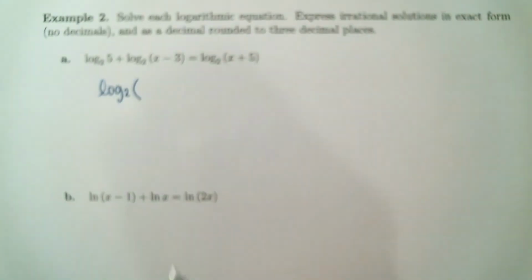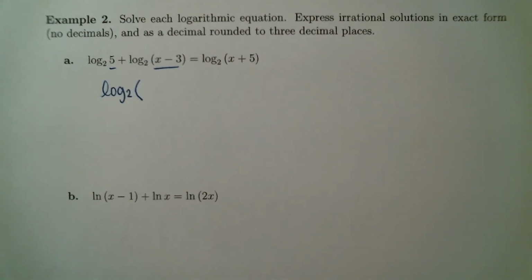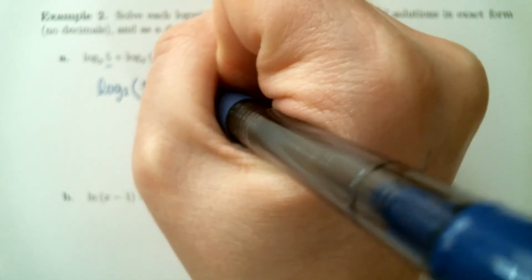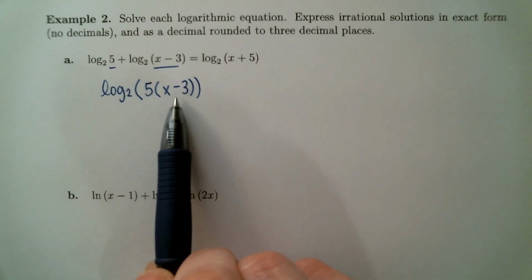We are going to get log base 2 of, you're going to multiply the quantities you're taking the logarithms of. So this is going to be 5 times the quantity x minus 3. You're going to have to distribute the 5 through the x minus 3, so make sure you use parentheses wisely there. That's how you combine these into one logarithm.